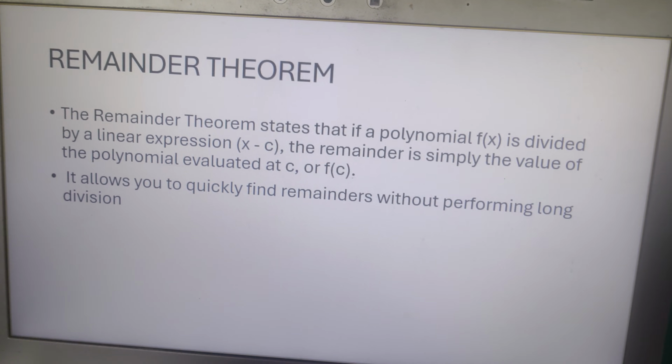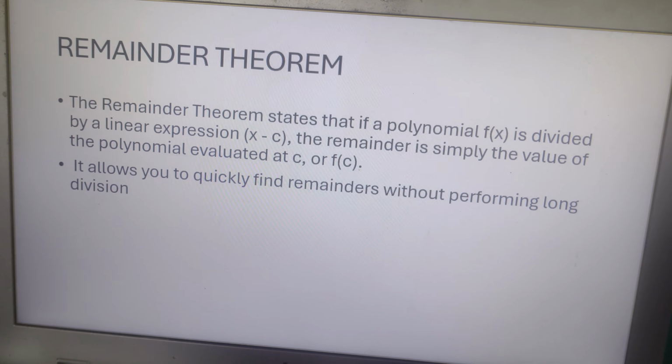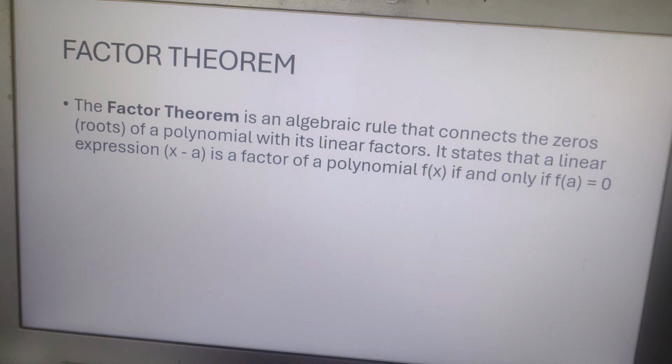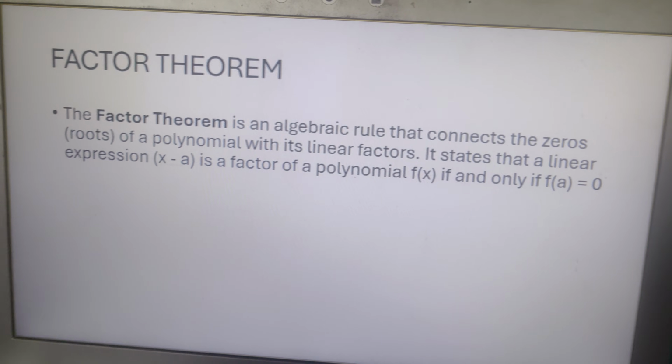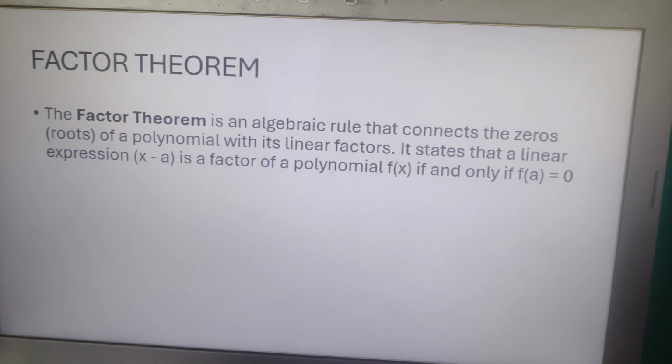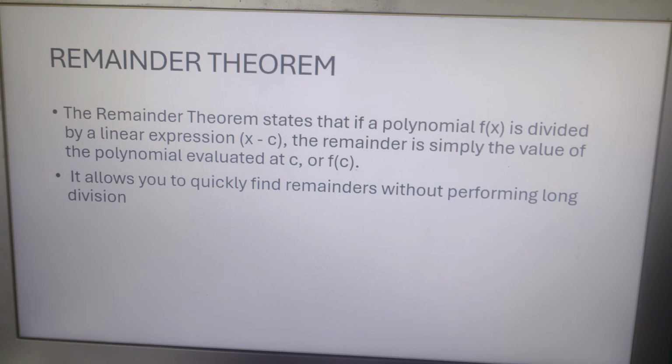The remainder theorem is just a continuation of the factor theorem. In the factor theorem, we were saying that x minus a becomes a factor of the polynomial if f of a is 0. The remainder theorem continues here.